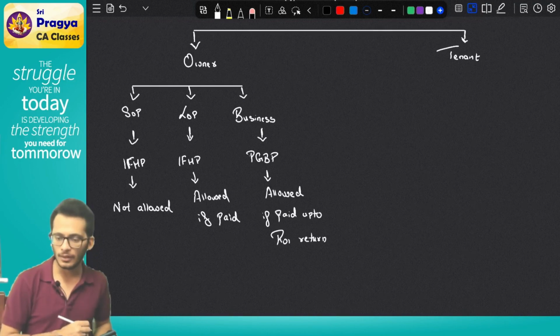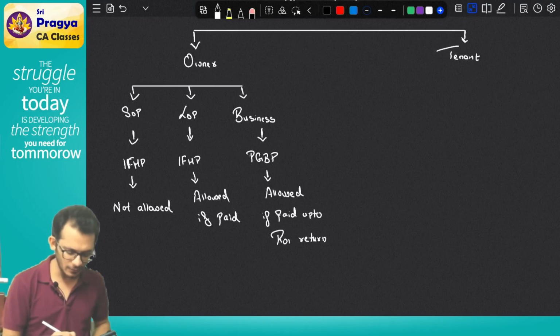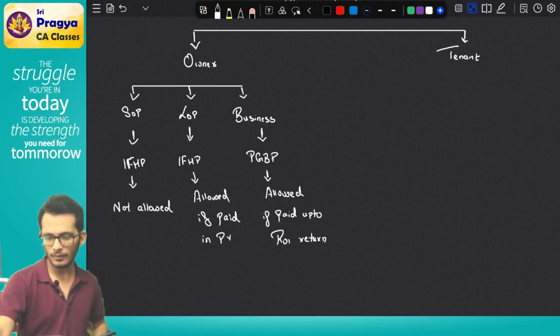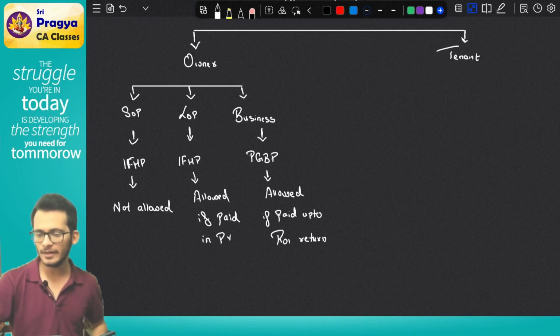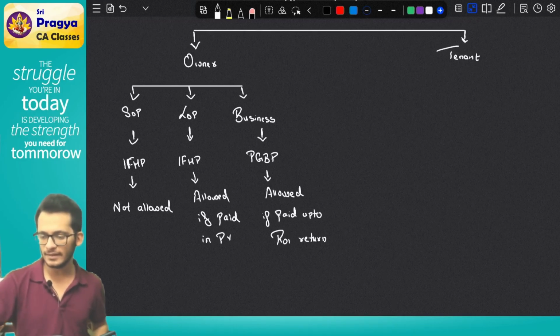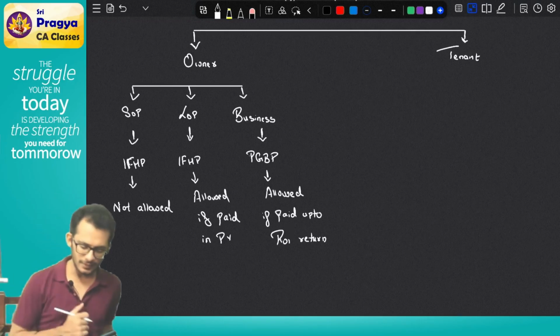On the left side, I am saying allowed if paid in the previous year. Understand the difference. If you are in HP, it is still the previous year. If you are in PGBP, it is still the due date of return filing.